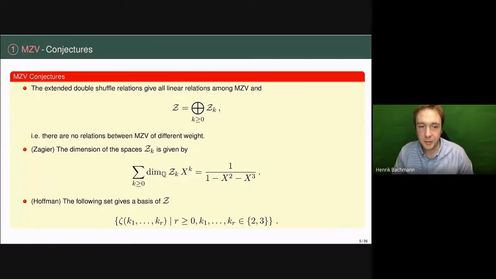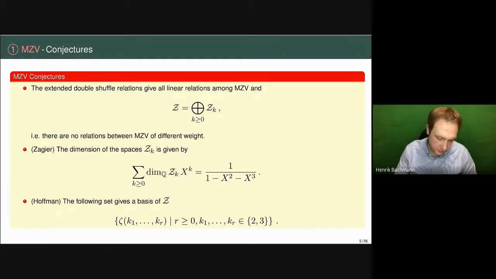And in particular, because all the relations which come from these extended double shuffle relations are in the same weight, we expect that the space of multiple zeta values is a direct sum. So it's graded by weight. So there are no relations in different weights.